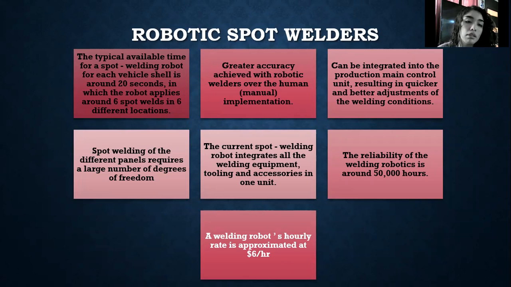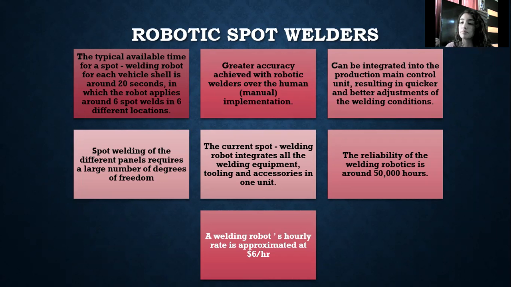For example, the typical available time for a spot welding robot for each vehicle shell is around 20 seconds, in which the robot applies around 6 spot welds in 6 different locations. An operator could not do this. It has greater accuracy. It can be integrated into the production main control unit, and can also be controlled by an add-on system.